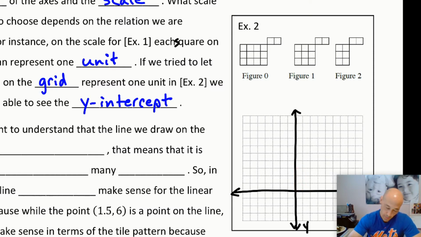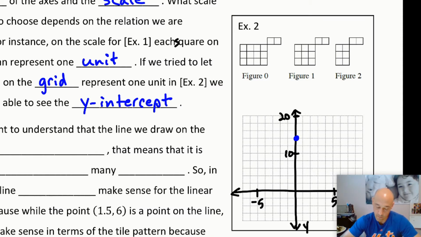So if I put a tick mark right there, that's 10, because 2, 4, 6, 8, 10. 12, 14, 16, 18, 20. So this is going to be 20. And those are the number of tiles. There's 5. There's -5.